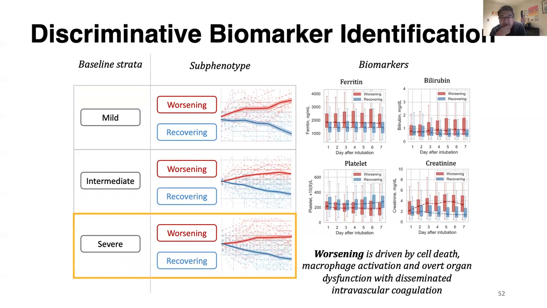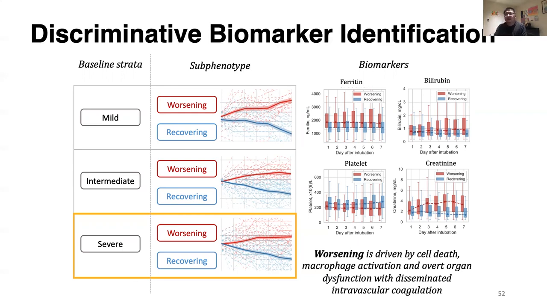This is a similar analysis on the severe stratum. The biomarkers we investigated here include ferritin, bilirubin, platelets, and creatinine.